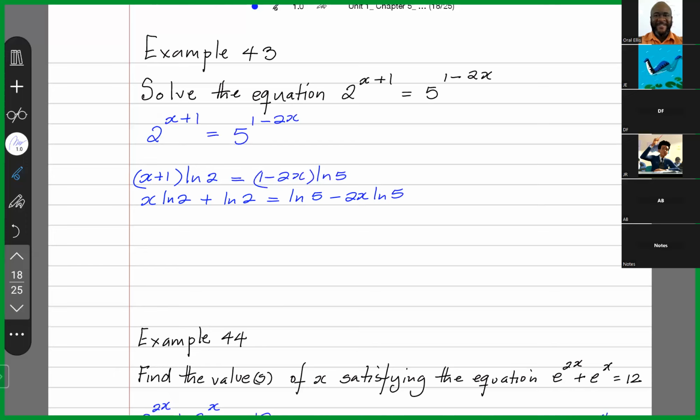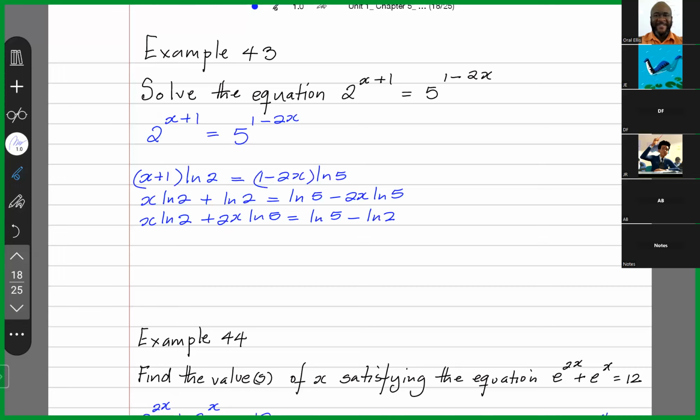Let's get everything with x in it on one side and everything that doesn't have an x on the other side. So I have x ln 2 on the left, and minus 2x ln 5 comes over as positive 2x ln 5, and that is equal to ln 5 minus ln 2.